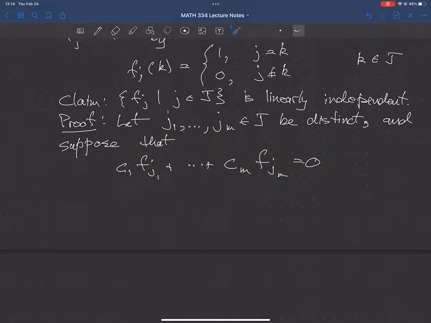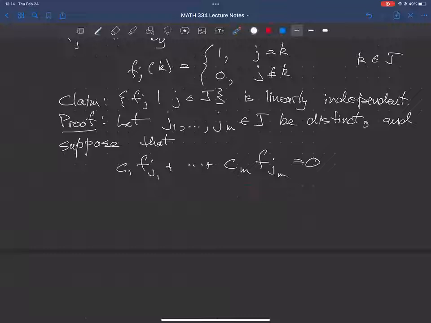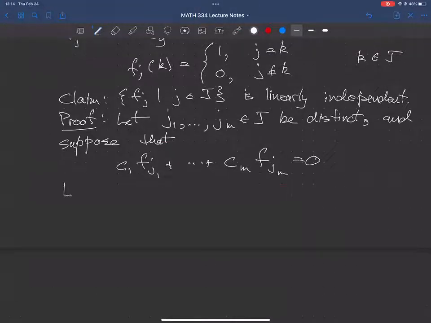So the resulting thing is a function on J, on the set big J. Therefore, this thing is waiting to be evaluated on some element of the set J. And so I'm going to let l be any of my numbers 1 up to m.